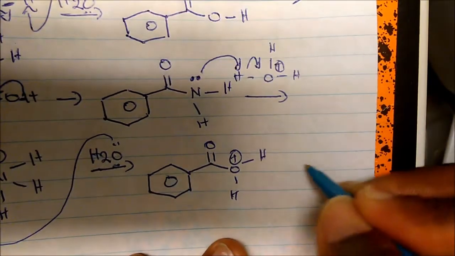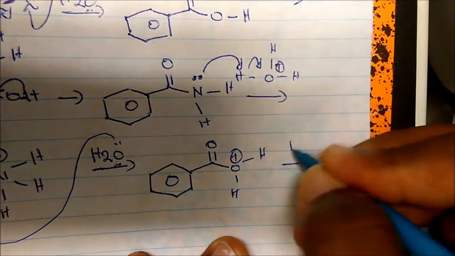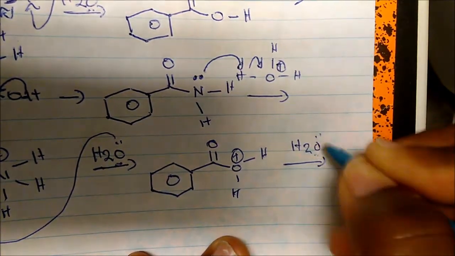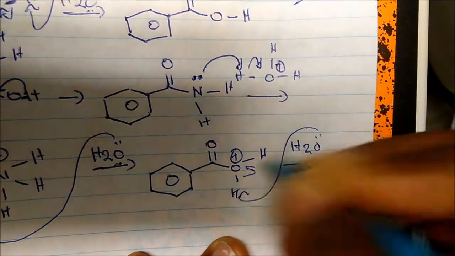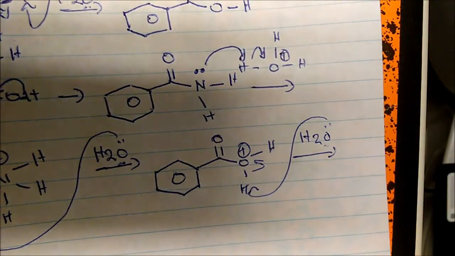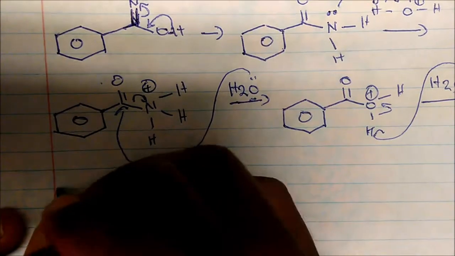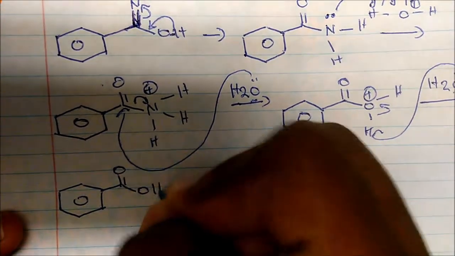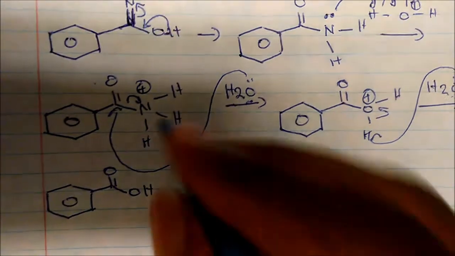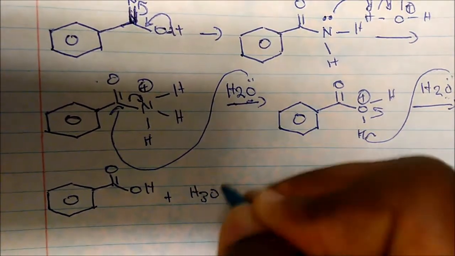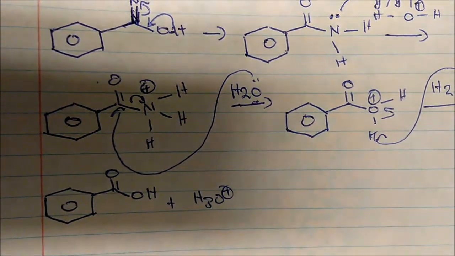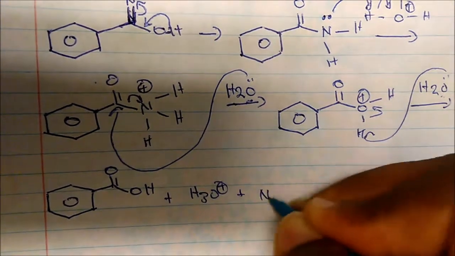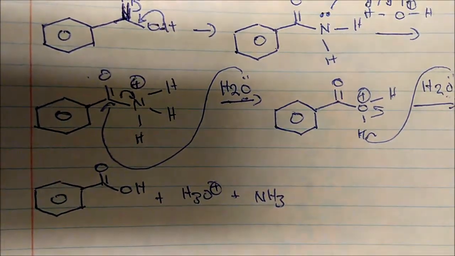Again, you can see water is going to come in and act as a base, take one of these hydrogens off and give the oxygen in the form of lone pairs. And so we form benzoic acid, and since we're still in acidic conditions, we also form ammonia and H3O+.